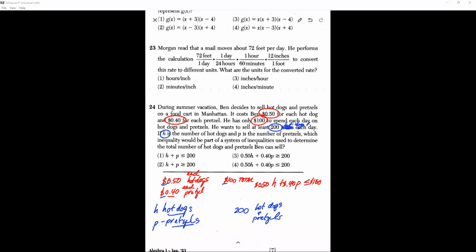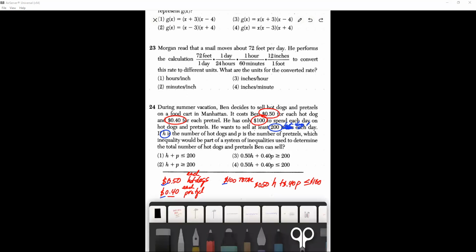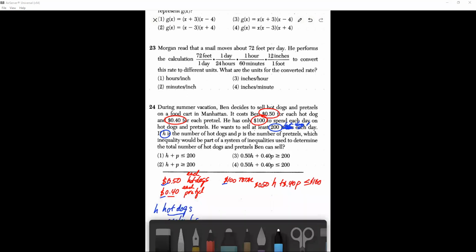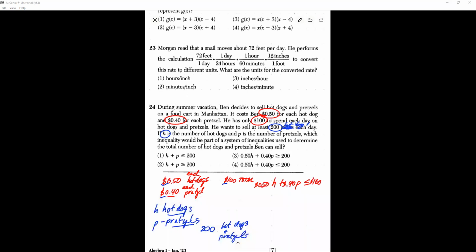My other inequality is going to involve these items. I want to sell at least 200, so that means a minimum of 200.